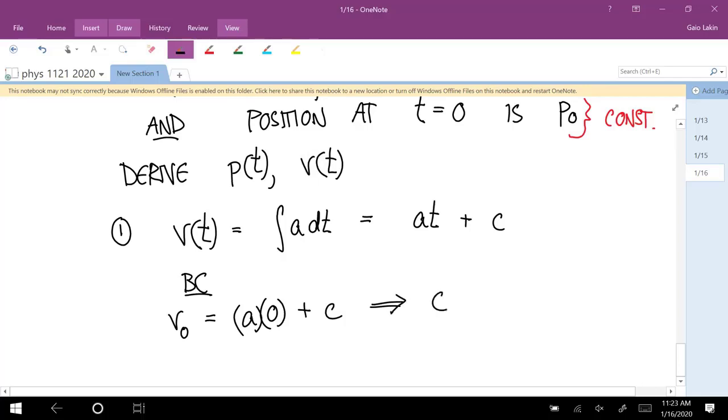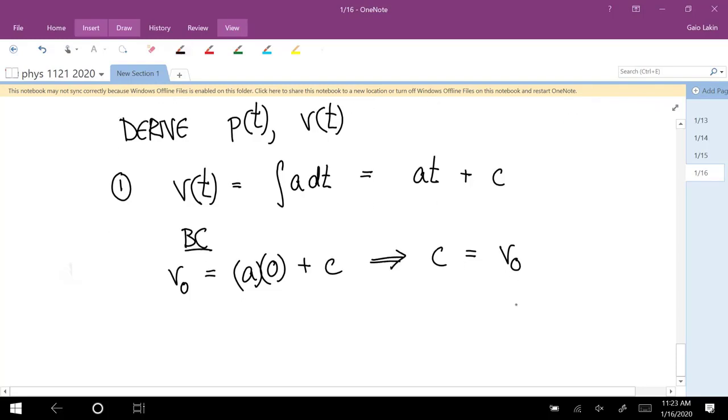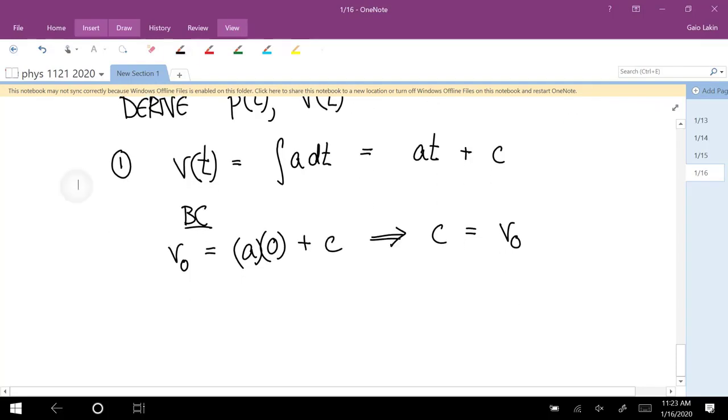And so that tells us that c is equal to v0. And so velocity as a function of time is equal to at plus v0.